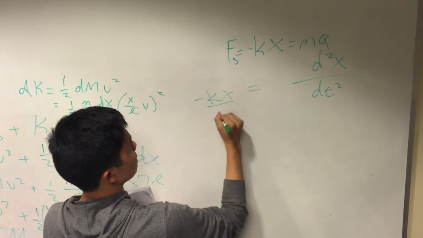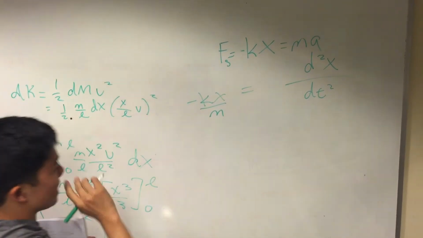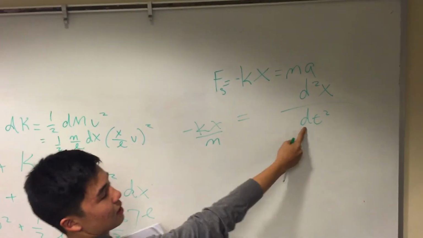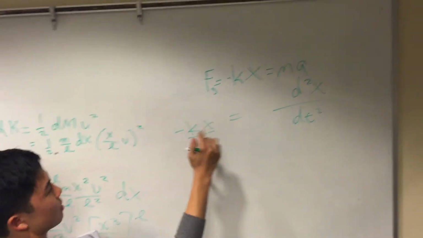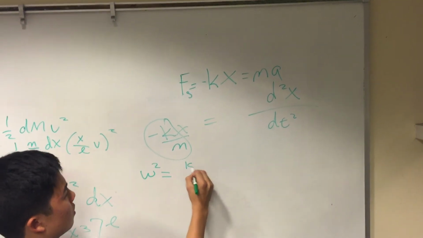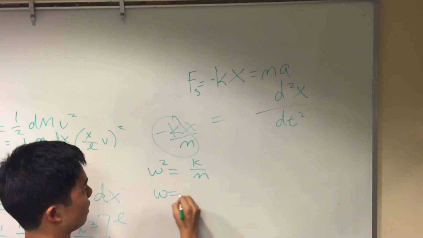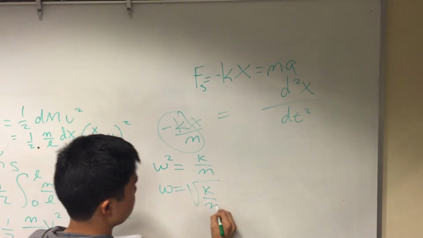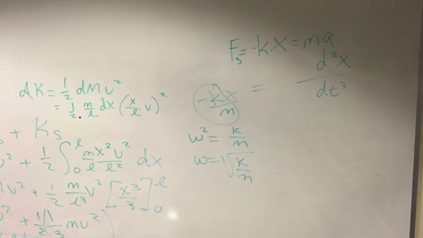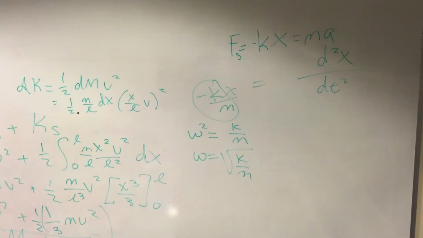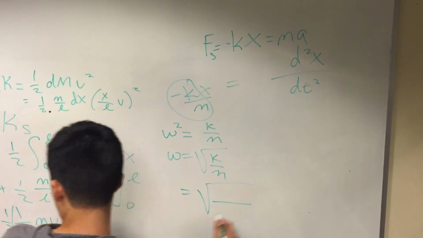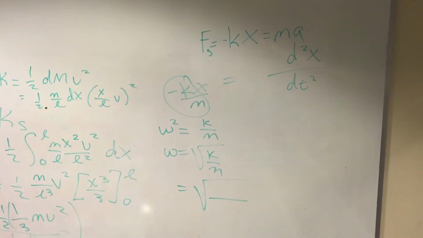So this M comes to the other side. Then we have something times position equal to the second derivative of position, so this something becomes omega squared. So omega equals the square root of k over m. And this m is the one we found in part A, which is big M plus 1/3 little m.